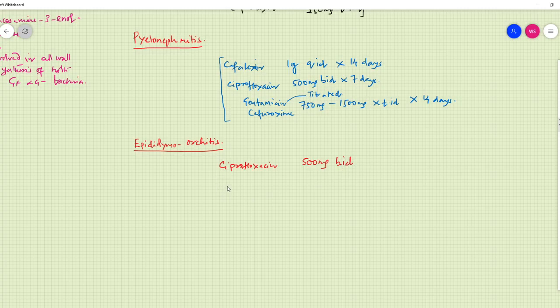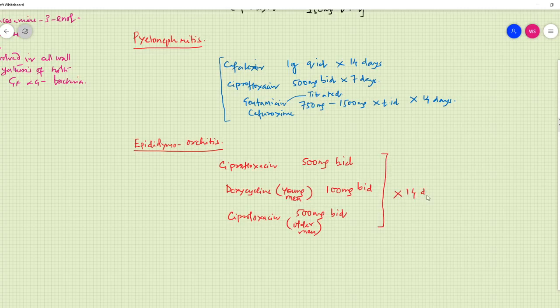In young men, doxycycline, given 100 milligram BID. And in older men, ciprofloxacin 500 milligram BID. This whole thing should be given for a period of 14 days.